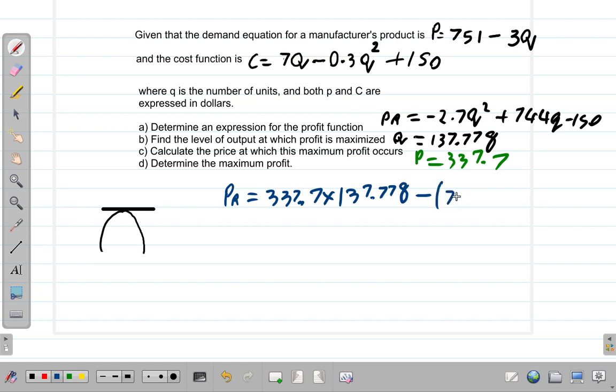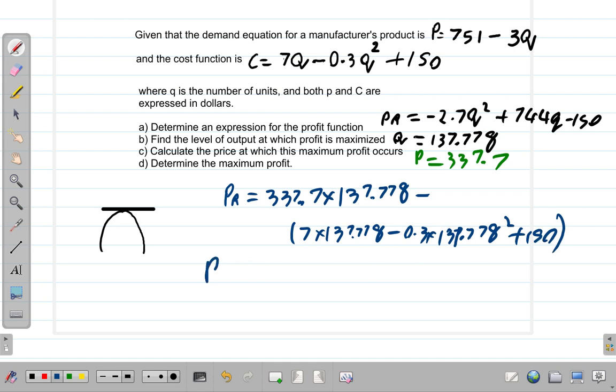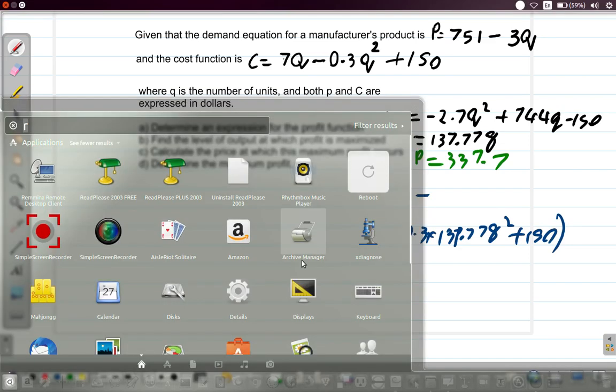The cost is 7 times 137.778 minus 0.3 times 137.778 squared plus 150, close bracket.